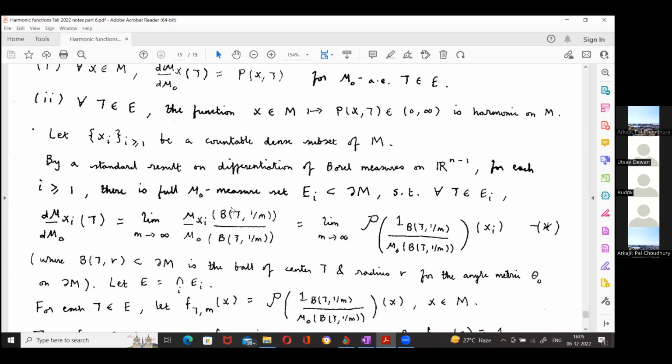This is by a version of the Lebesgue differentiation theorem. So for each i, I'm getting a full measure set E_i.